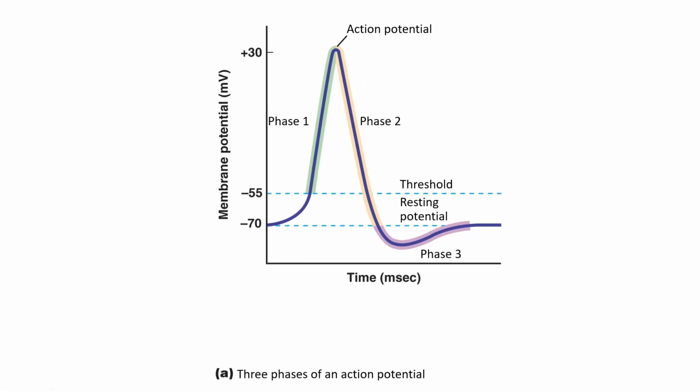Now, can anyone think of our two ions, sodium and potassium, given the understanding that they're moving in order to approach their equilibrium potential, which of our two ions do you think is responsible for phase one? This rapid positive change in the membrane potential. Which of our two ions would be moving to create this type of membrane potential change?